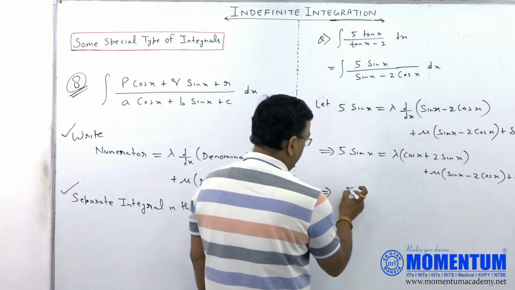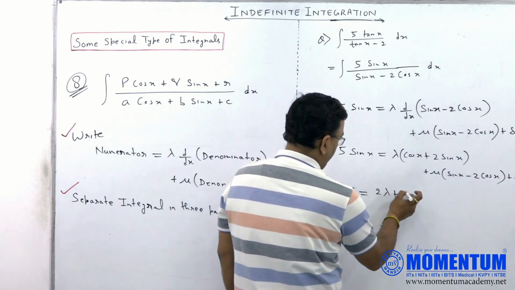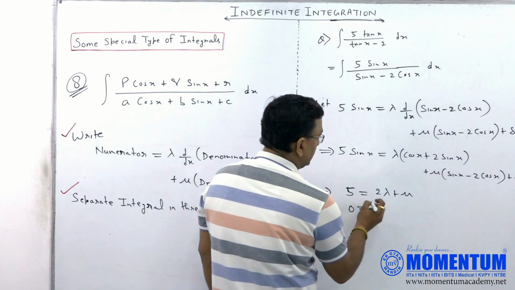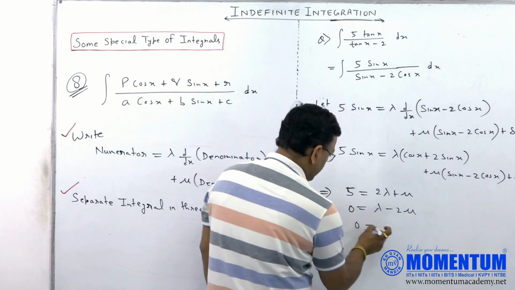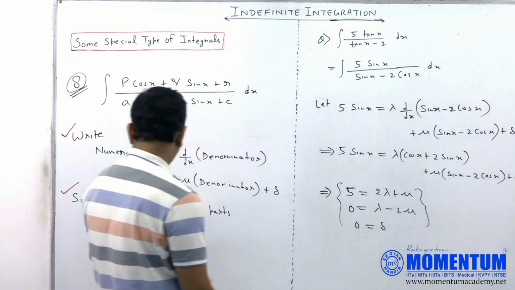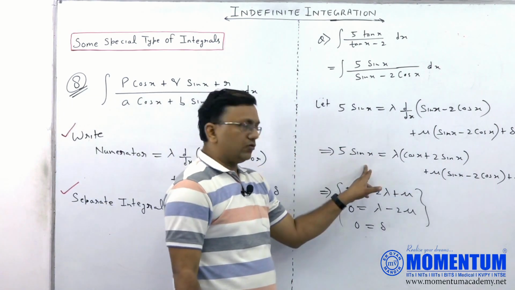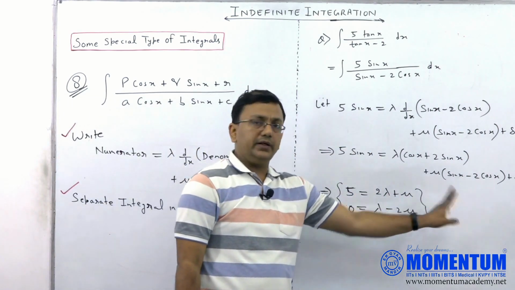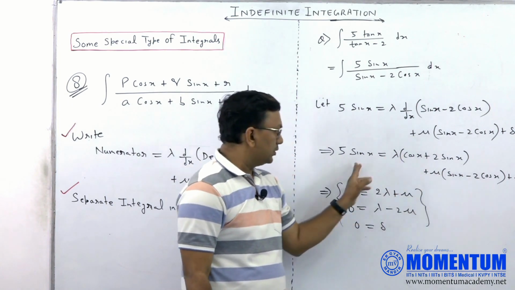So 5 is equal to 2 lambda plus mu, 0 is equal to lambda minus 2 mu, and 0 is equal to delta. Clear? After writing, we will compare coefficients to get lambda, mu and delta. So 5 is equal to 2 lambda plus mu.